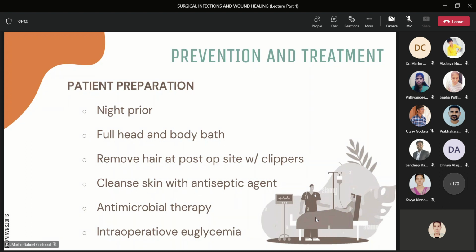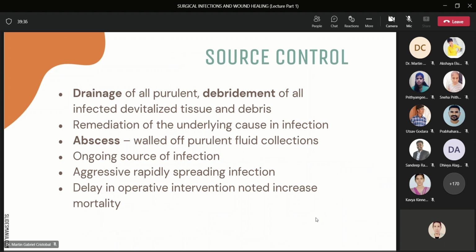Next is source control. Source control is the drainage of all purulent material, debridement of all infected, devitalized tissue and debris, and or removal of foreign bodies at the site of infection. The goal is remediation of the underlying cause of infection. An abscess is a walled-off purulent fluid collection which is usually treated by incision and drainage.